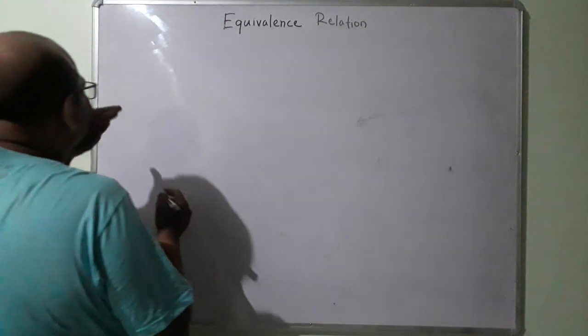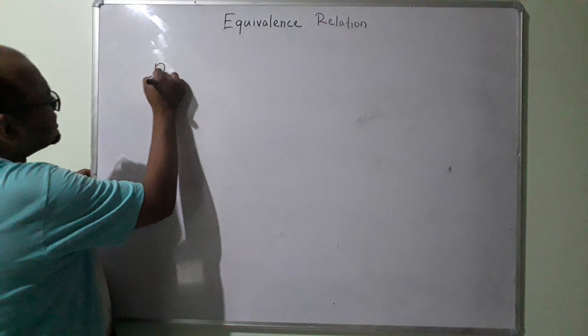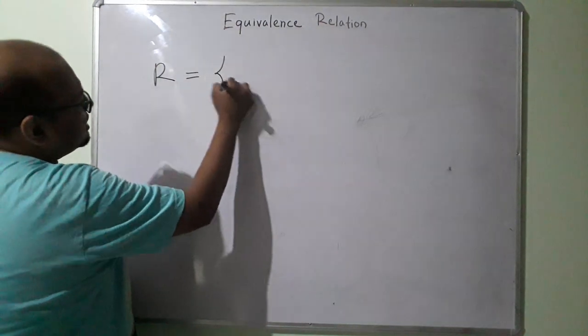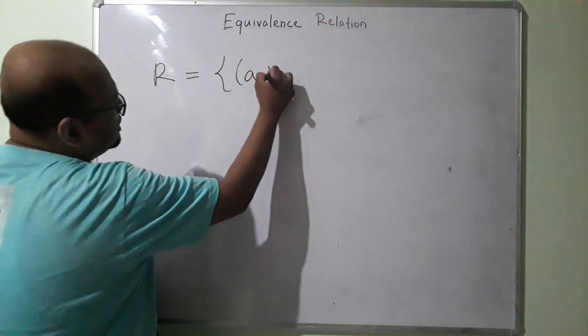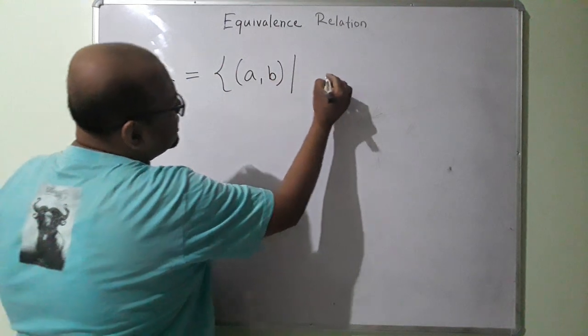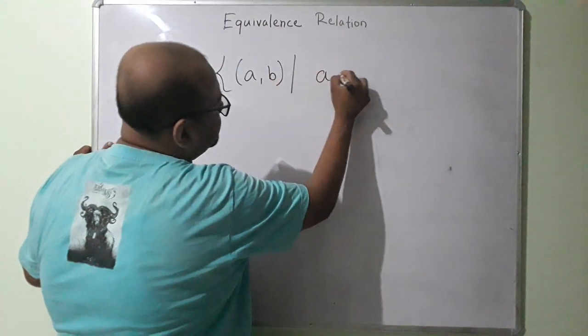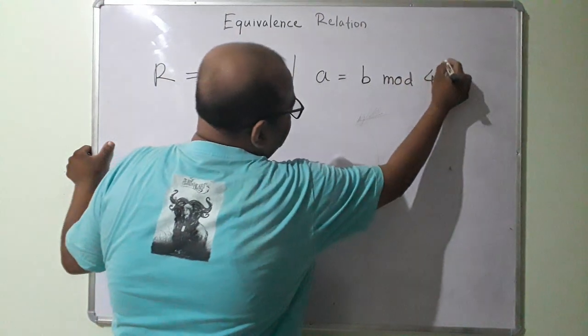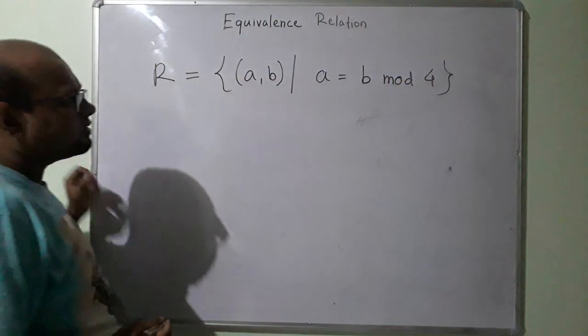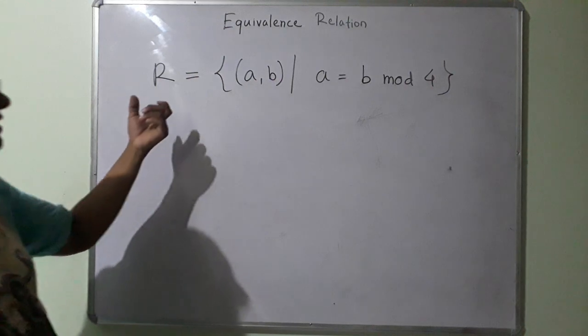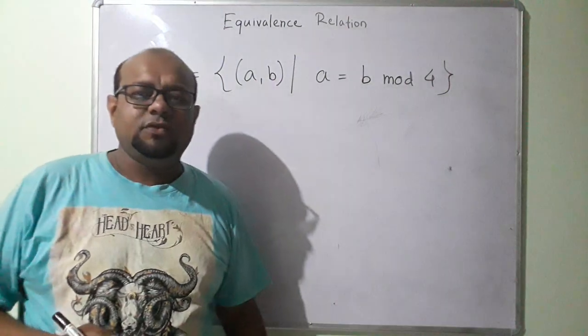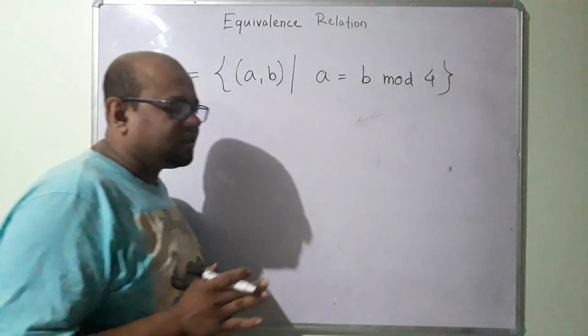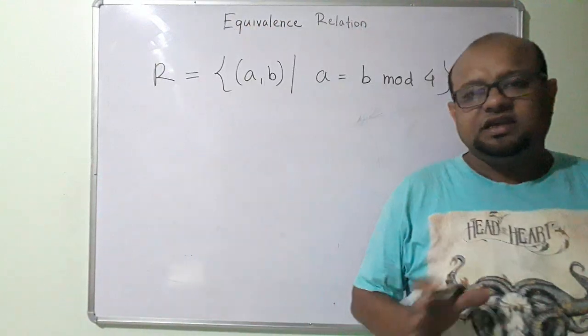Okay. So let us say I have this set relation AB such that A is equal to B mod 4. Okay. So this is a relation that I have. Okay. Now what are the different equivalence classes given by this relation?